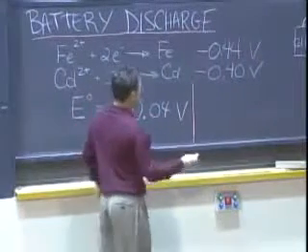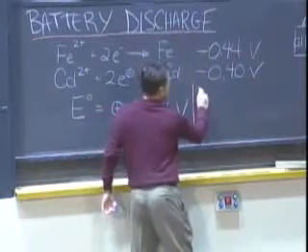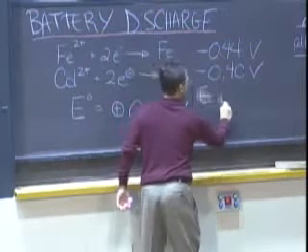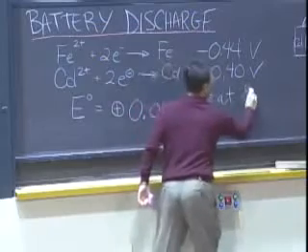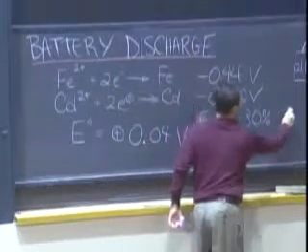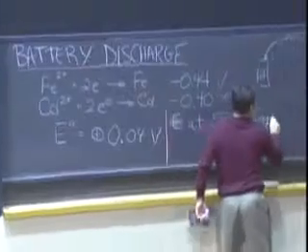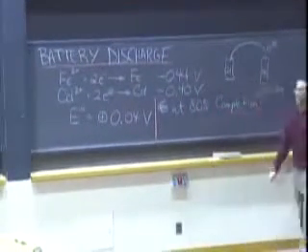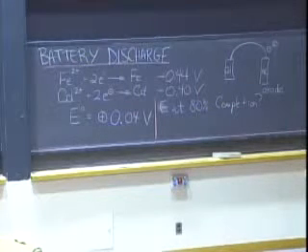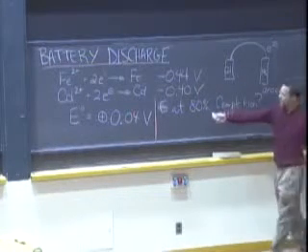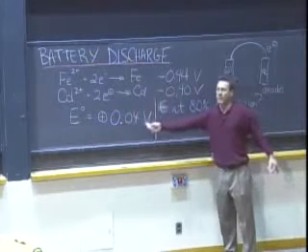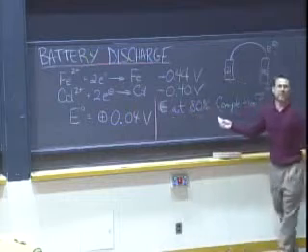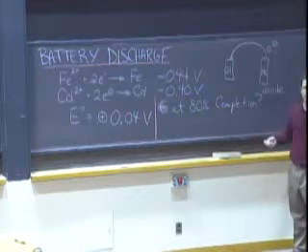We can ask: what is E at 80% completion? That's the type of question we can answer using the Nernst equation. What is the potential drop from an initial positive 0.04 volts when the reaction is 80% complete?